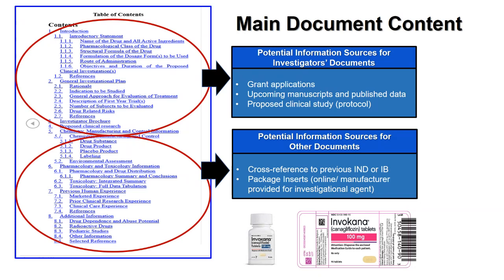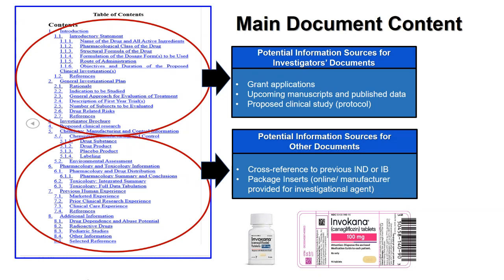For instance, you can extract information from the investigator prepared sections from grant applications or upcoming manuscripts or unpublished data and clinical protocol. Content for the remaining sections can be minimal for research INDs. This is because most information is cross-referenced to a previous IND or extracted from an investigator brochure or package insert.